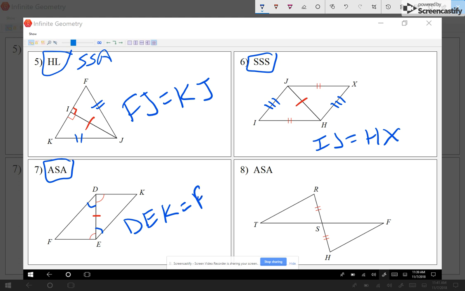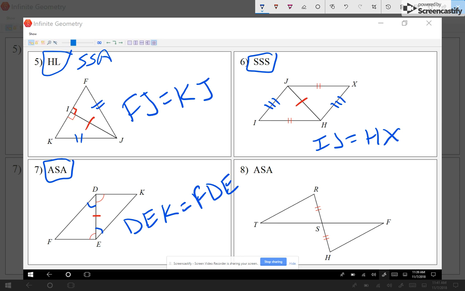So I'm going to call it F, D, E, because I'm looking at the corner D, the one I painted in blue. So F, D, E, or E, D, F, either one. Just make sure D is in the middle.